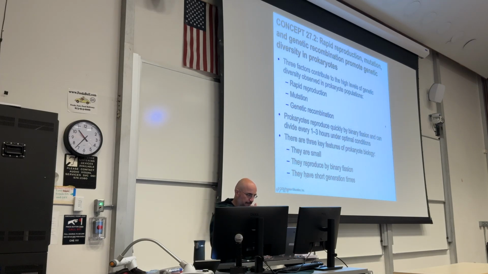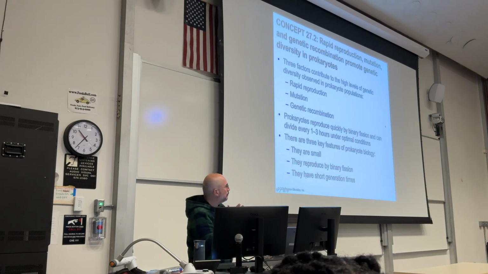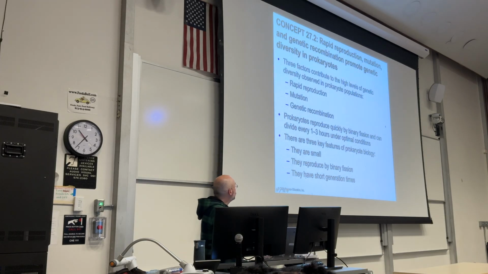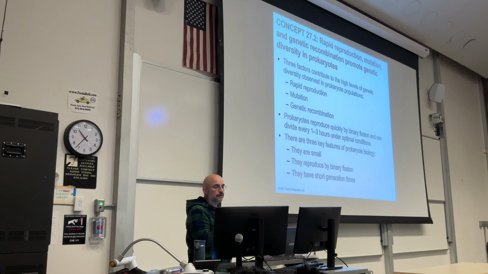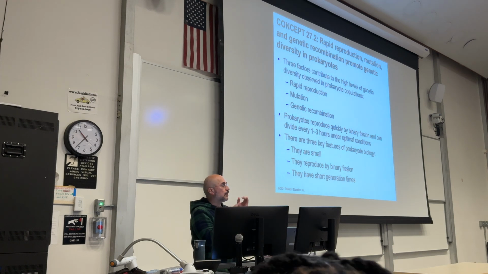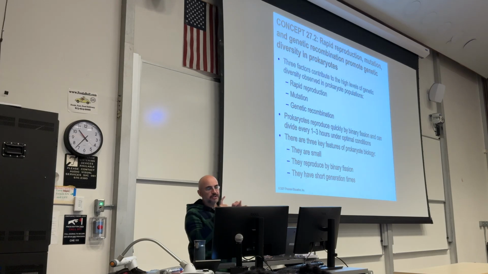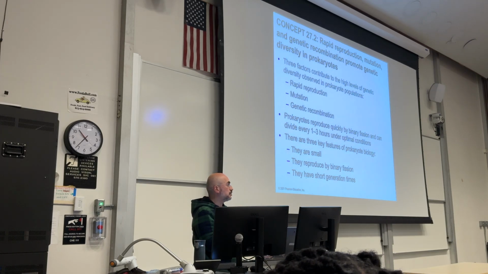Okay. Now, there are some factors that contribute to the high genetic diversity and also many other features that make life a hassle for medical doctors and veterinarians. Why? Rapid reproduction, short generation times, high mutation rates, and a lot of genetic recombination.